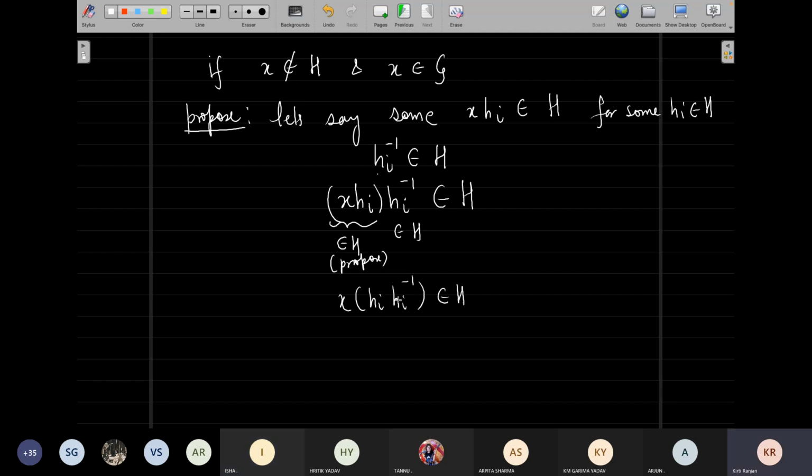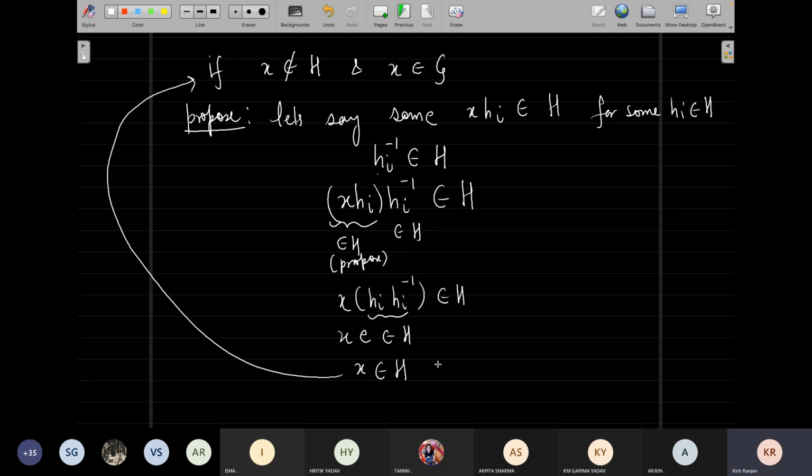Associativity. Associativity has to be there because it's a subgroup. So X times hi times hi inverse, what is hi times hi inverse? Identity. And what is X times identity? X. So X belongs to H. But look at this, this is what we started with. So this gives me a contradiction.